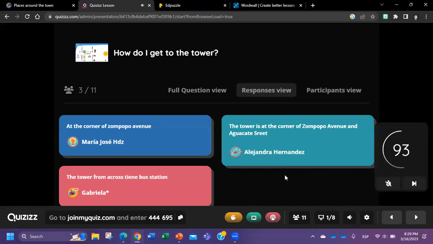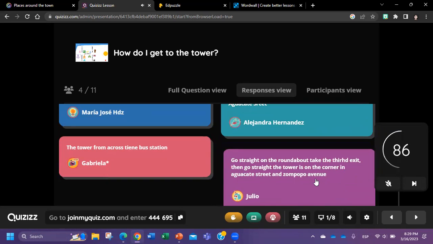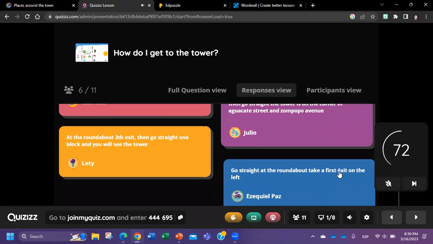The tower from across the bus station. All right. Go straight on the roundabout. Take the third exit. Then go straight. The tower is on the corner of Aguacate Street and Sompopo Avenue. Okay. At the roundabout, third exit, then go straight 1 block and you will see the tower. Perfect. Go straight at the roundabout, take the first exit on the left.